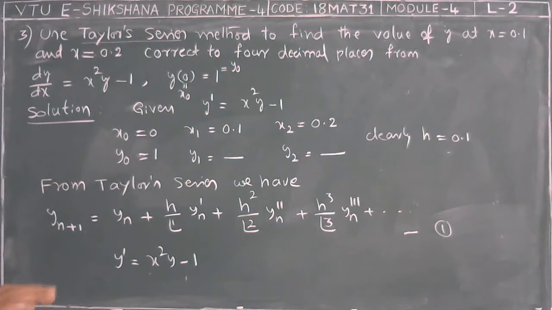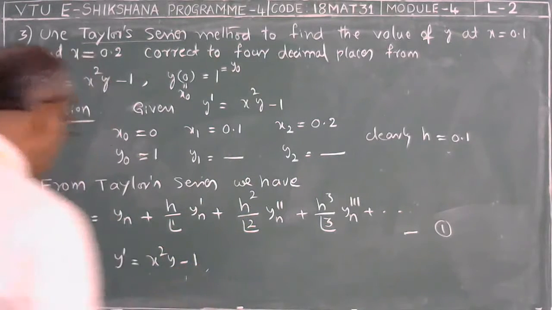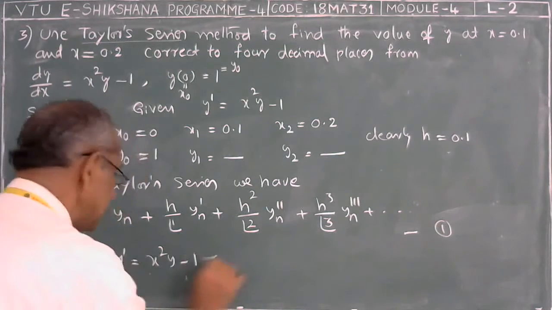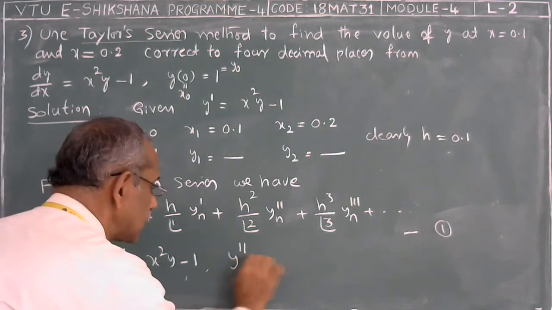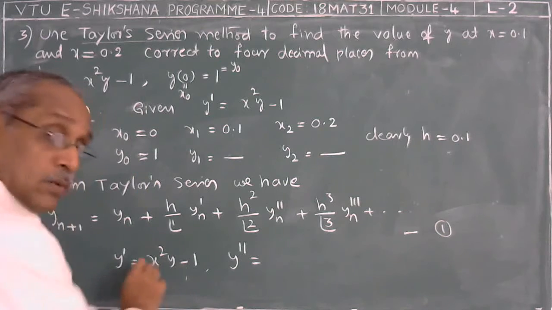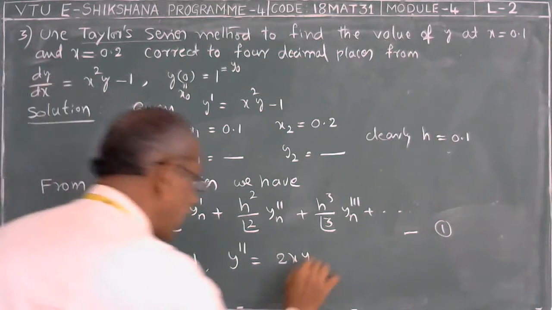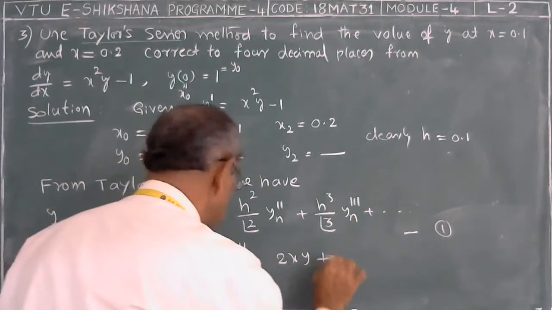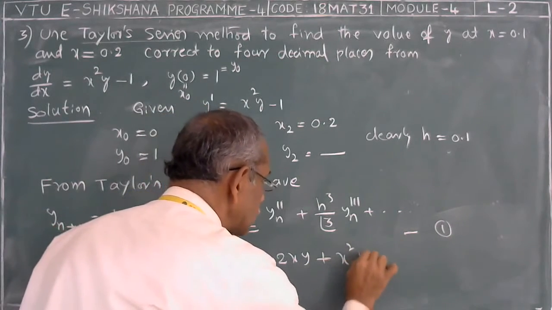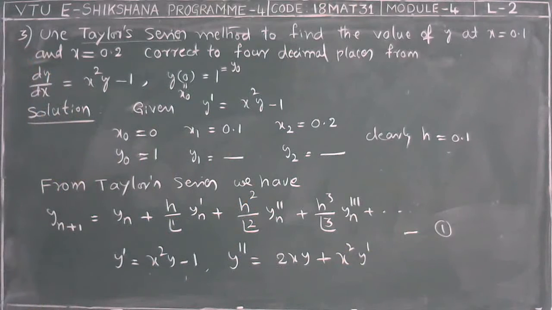So let me first find out the derivatives so that I can easily compute y0 dash, y1 dash, etc. We differentiate this with respect to x. So you get y double dash. Product rule here: 2x into y plus x squared into y dash. That is your second derivative.